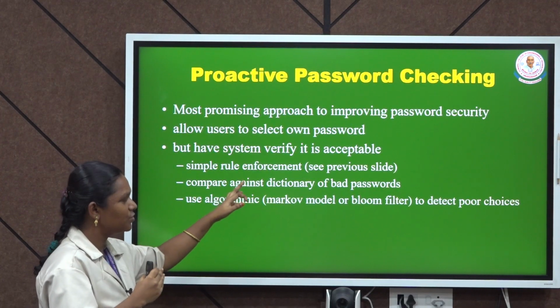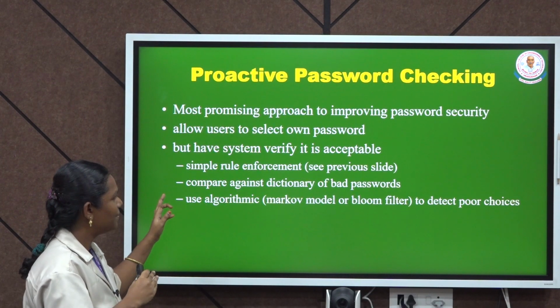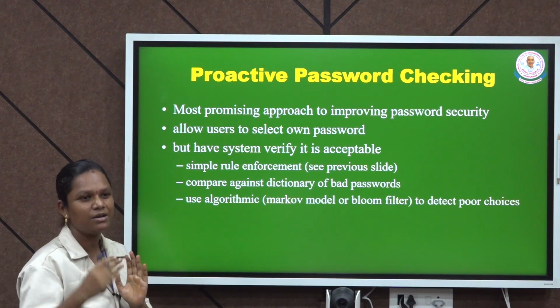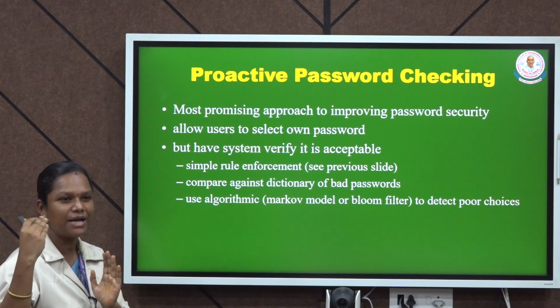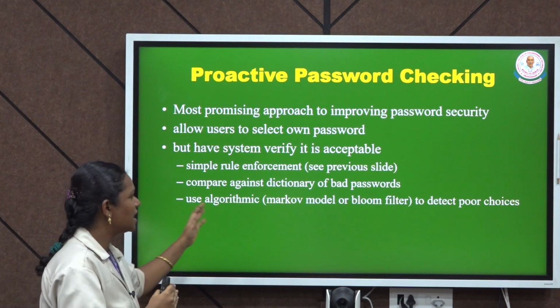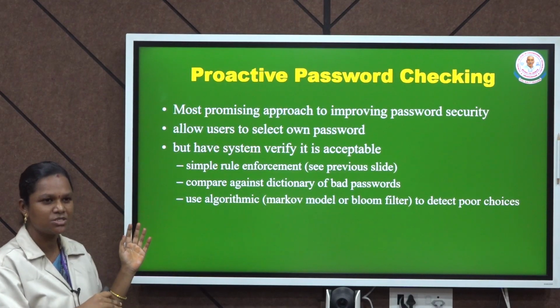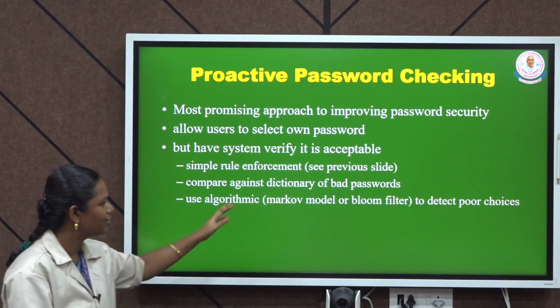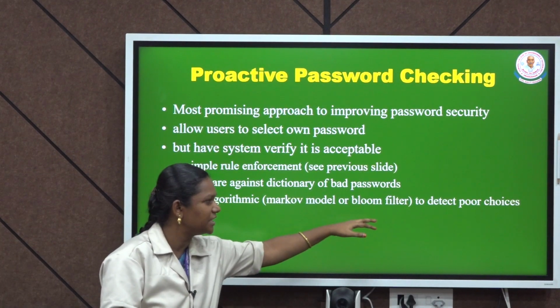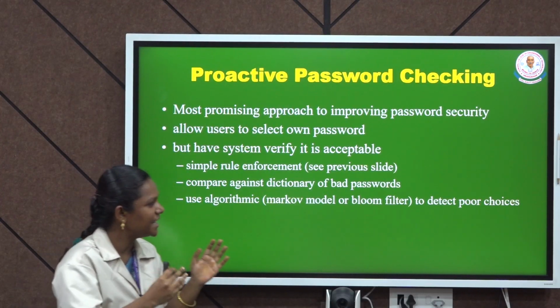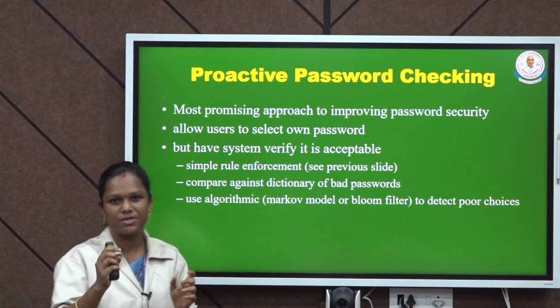Simple rule enforcement techniques are also used. It compares against multiple bad passwords. It uses an algorithm. What type of algorithm can be used? A mathematically related algorithm, such as a Markov model or Bloom filter. These are also used to detect poor choices of passwords.